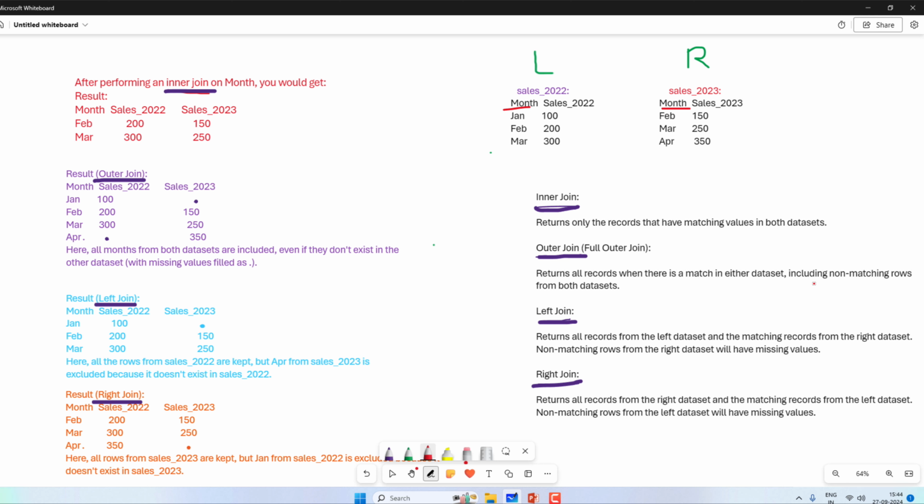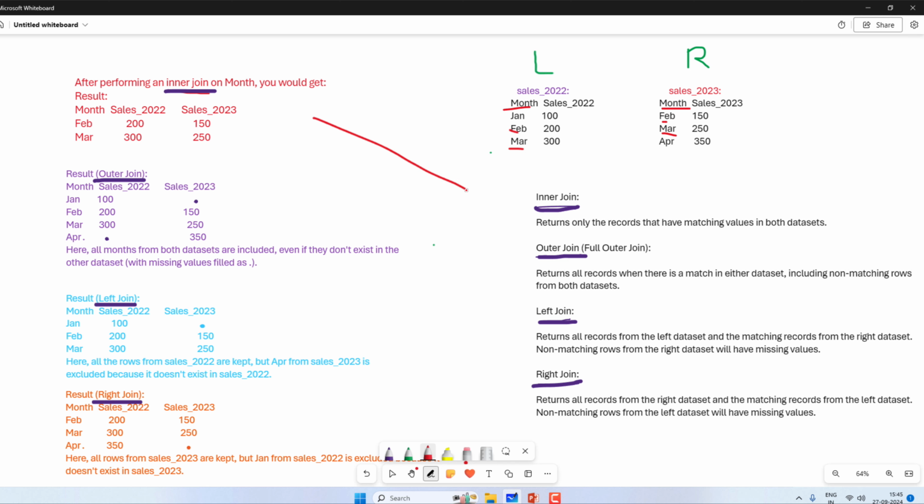So what are the common observations based on the month variable? Feb and Feb are present, and March and March are present in both data sets. So when we are performing the inner join, we will only keep the observations which have matching values in both data sets. So Feb and March are the common observations present in both data sets.